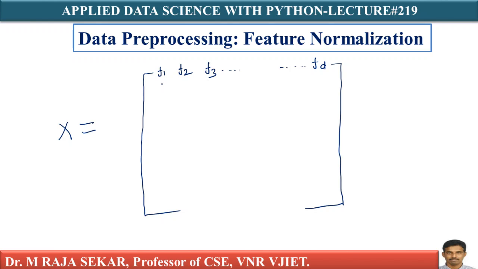And each of my points, let me say there are n points, x1, x2, so on, xi, so on, that is xn. Let me say there are n data points, and I have corresponding labels.